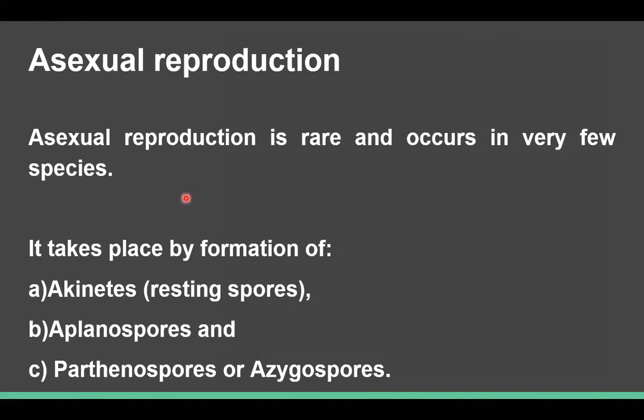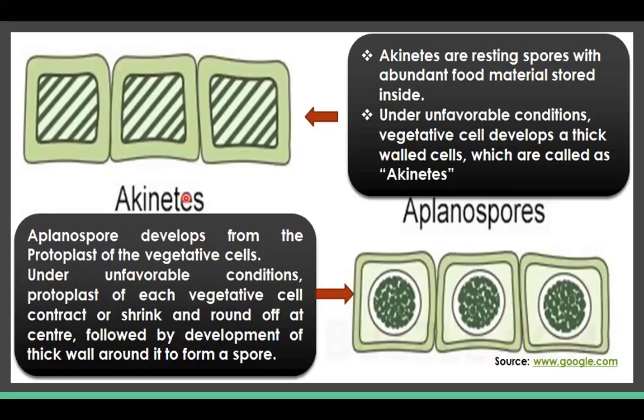Asexual reproduction is generally rare and occurs in very few species. It takes place by formation of akinetes, aplanospores, and parthenospores. What are akinetes? Akinetes are resting spores with abundant food material stored inside.